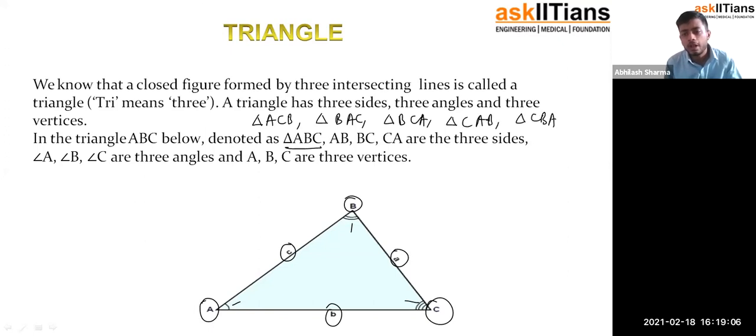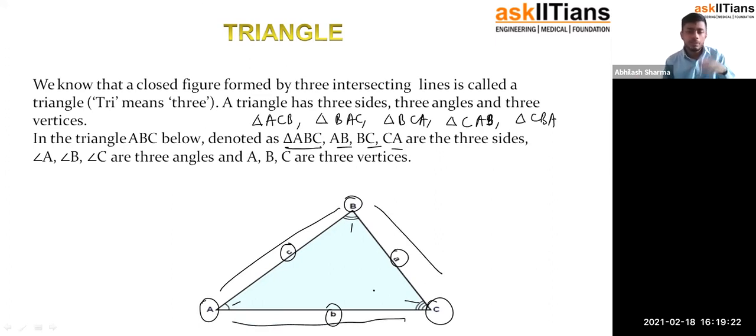These are all valid ways of naming this particular triangle. AB, BC, CA are obviously the three sides. That's the way we will name these sides. This side will be called side AB or BA, BC or CB, and this side will be called AC or CA. Angle A, angle B, angle C are three angles, and A, B, C are three vertices, which is obviously correct.